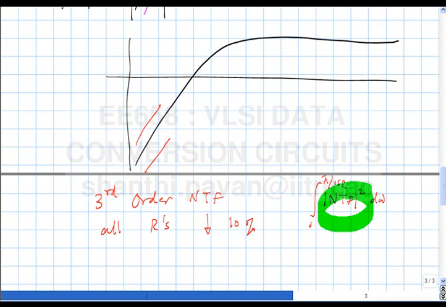Does it make sense? So for high order modulators, what is the bottom line? Even a small change in the RC time constant can result in a large change in the in-band quantization noise. So if there is a large change in the in-band quantization noise, what can you say about the out-of-band noise?